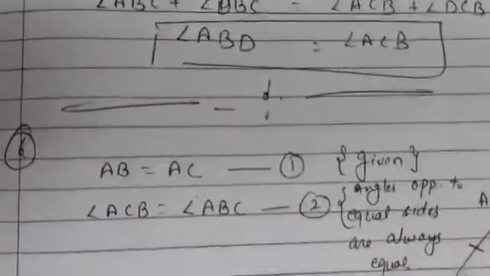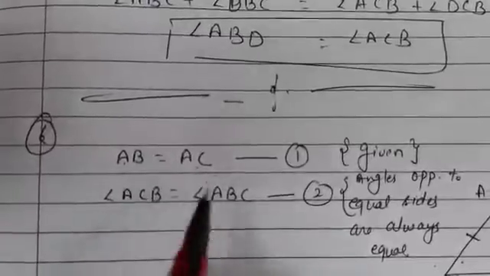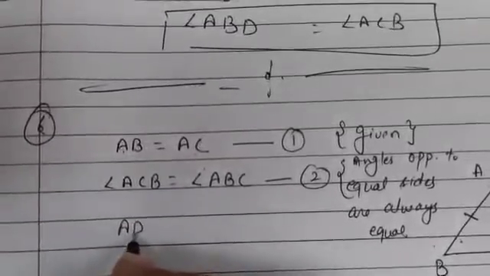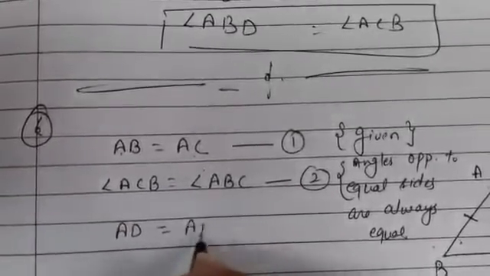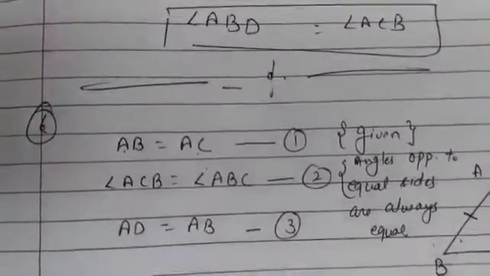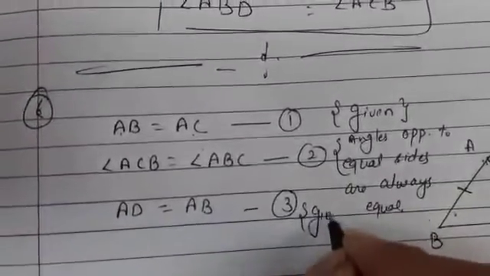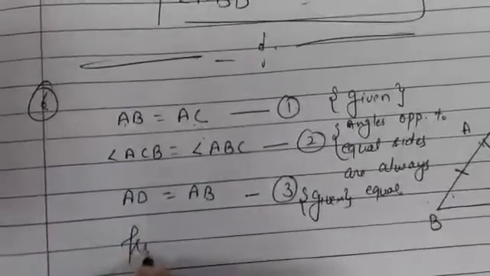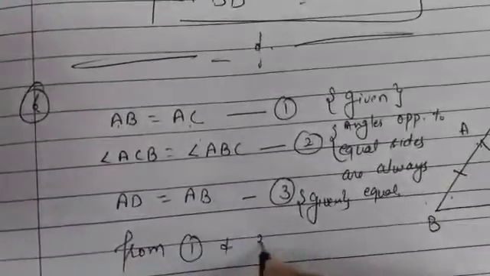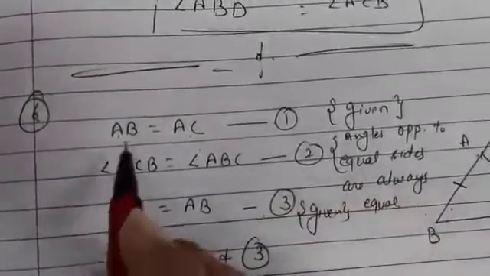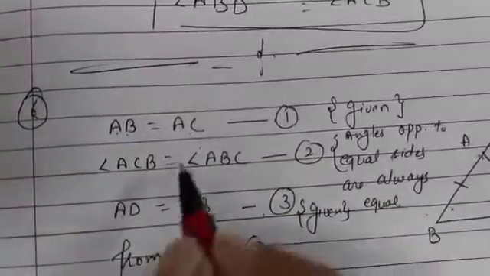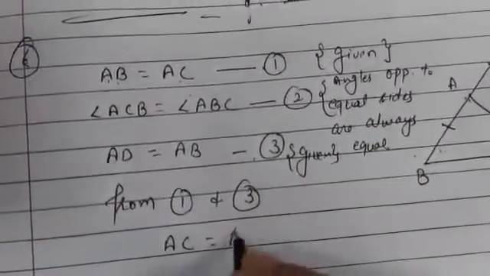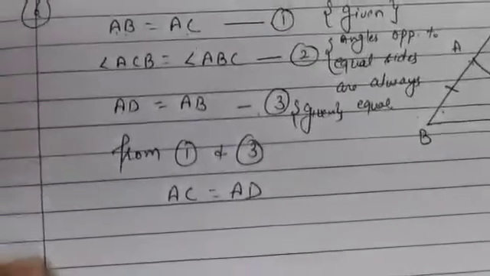So now AB is equal to AC and AD is equal to AB is also given. That is also given, so we can write from 1 and 3, AB equals AC equals AD, so we can write AC is equal to AD. Clear?